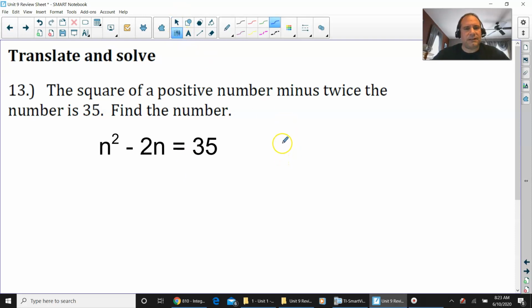Remember, it says translate and solve, so the easiest way, we're going to just do this using the square method, where we're going to take b and we're going to divide it by 2. And we're going to get -1.